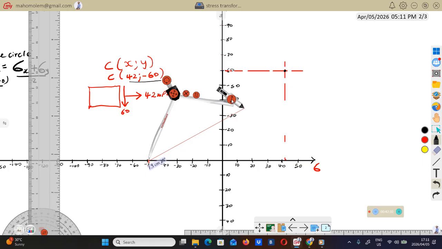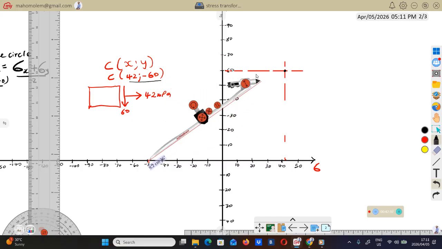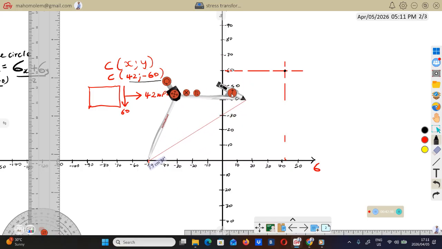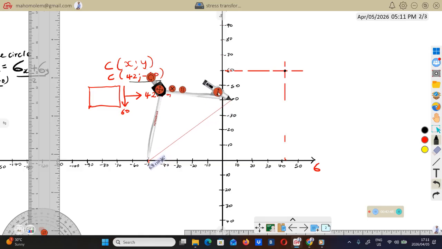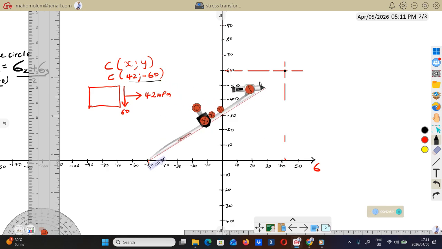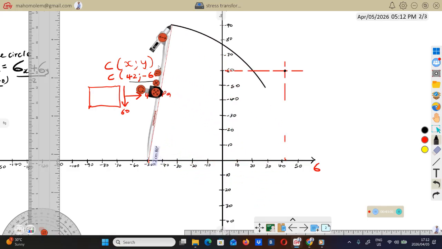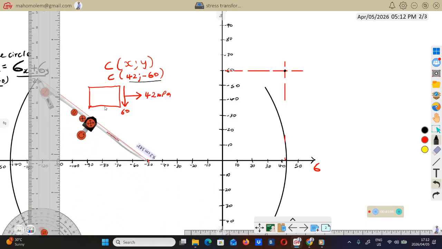It's too short. Let me make another plan. So this compass is too short. But anyway, what you have to do, you have to stretch this until it touches this dot here. Then once it touches this dot, you stop. Then from there, you scribe a circle like this.